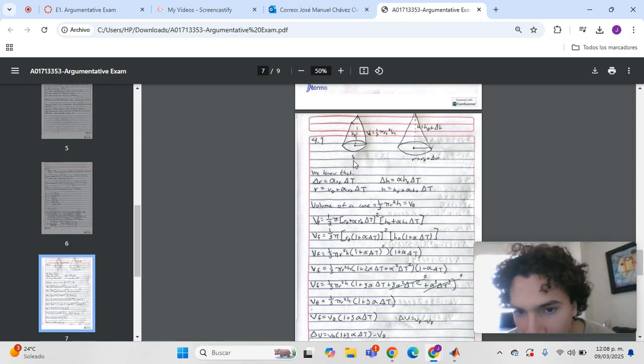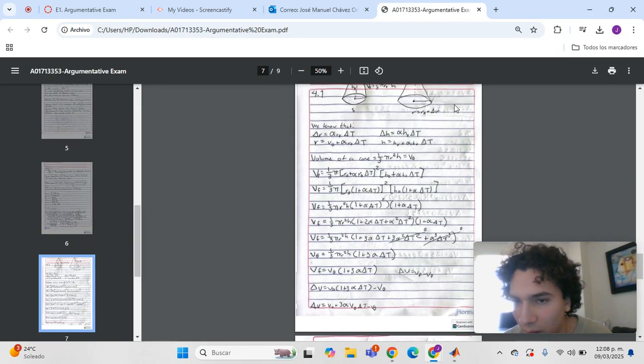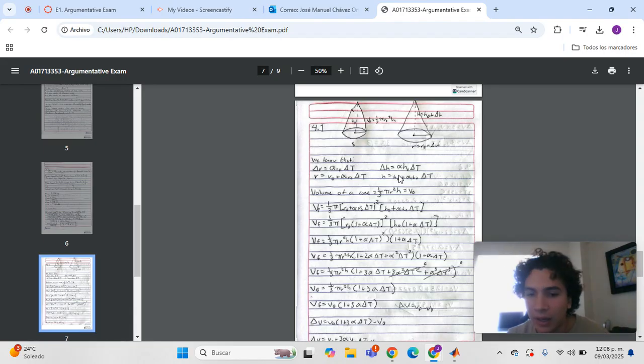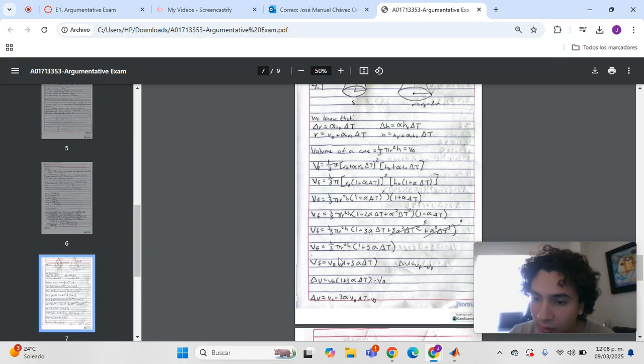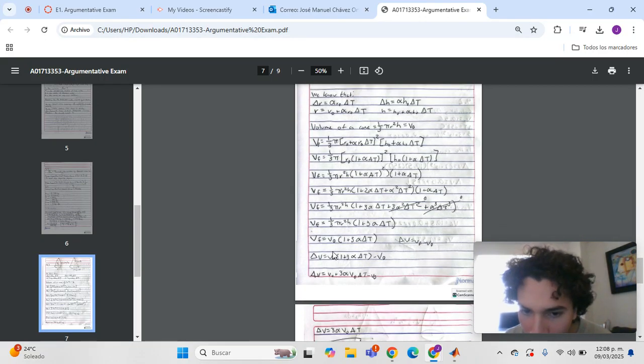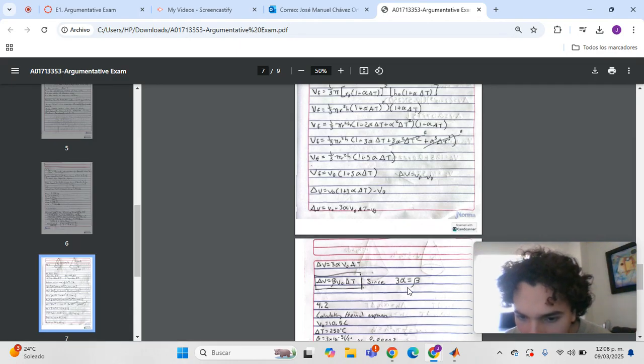And here I have my diagram of the figure, the initial volume V0, and just the same volume, let's just leave it like V, and we're trying to search for VF. Here I have some equivalencies which are going to be useful when solving for the equation. It's very important to use equivalencies as much as possible, so we can get all the way to this part where we can substitute beta for 3 alpha, and afterwards the rest of the formula of the volumetric thermal expansion is, well, we can see it's correct.